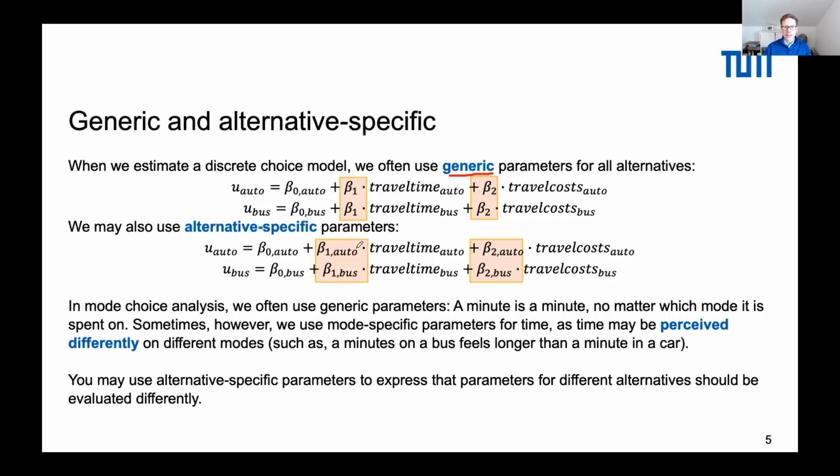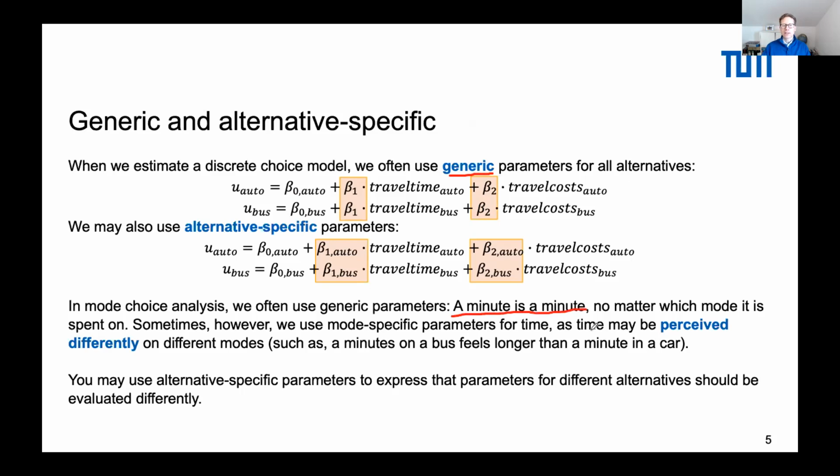For example, on travel time, there could be beta 1 for auto that is different from beta 1 for bus. Or cost, beta 2 for auto, beta 2 for bus. Those can be different coefficients. And the idea is, if you use generic coefficients in the first case, the argument is a minute is a minute.